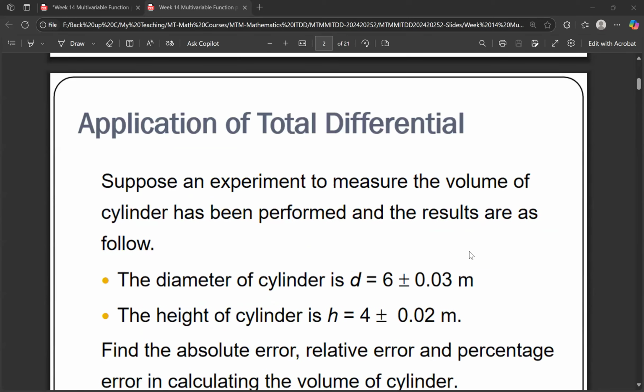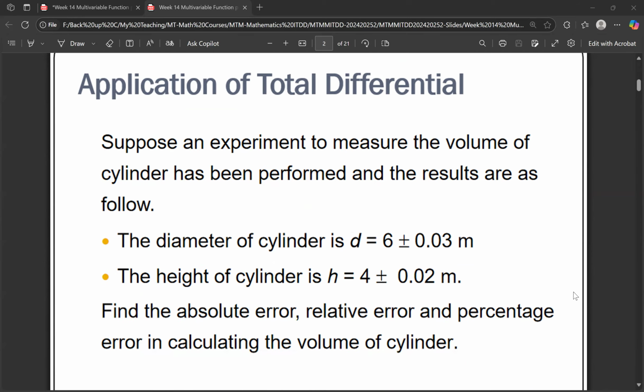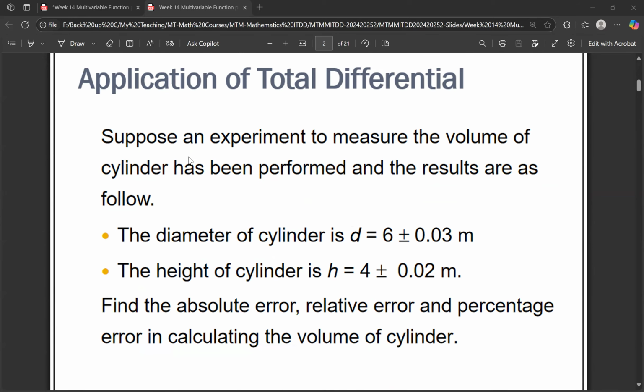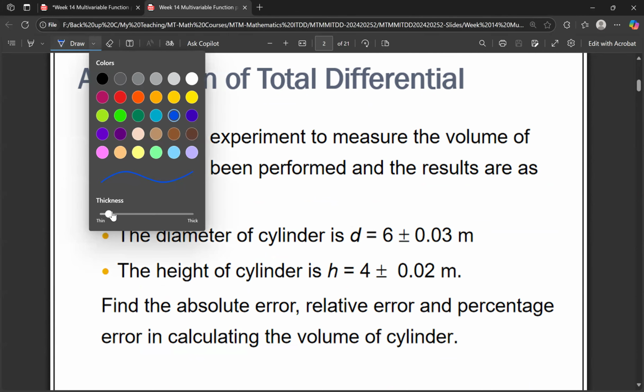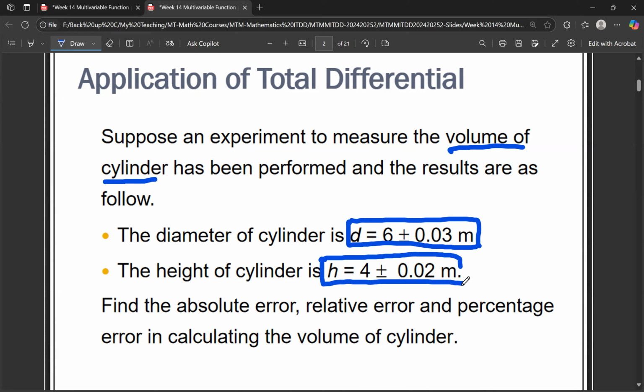Here, the application of total differential. Suppose that we want to calculate the volume of a cylinder, with the diameter here and the height of the cylinder here.